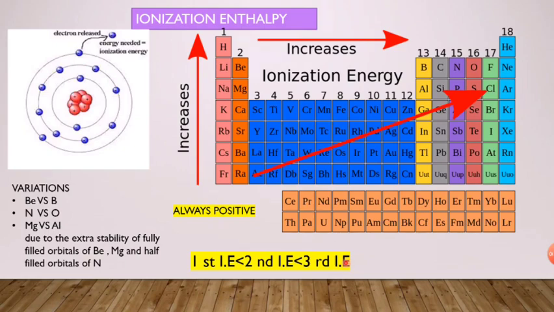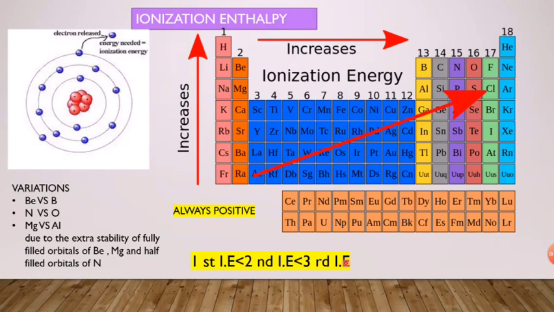In the case of second ionization energy, the number of valence electrons the nuclear charge acts upon is less. Therefore the effective nuclear charge is increased, and the radius is decreased. Therefore more energy should be supplied in order to remove a loosely bound electron.